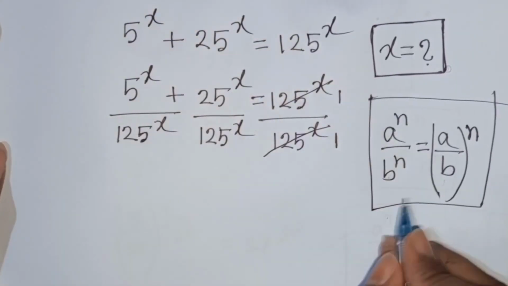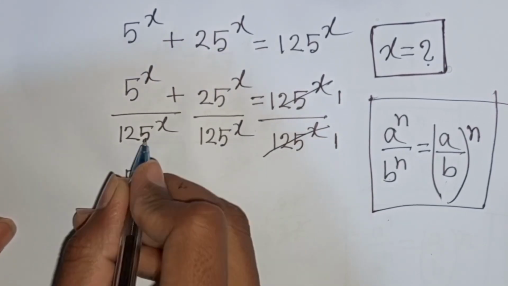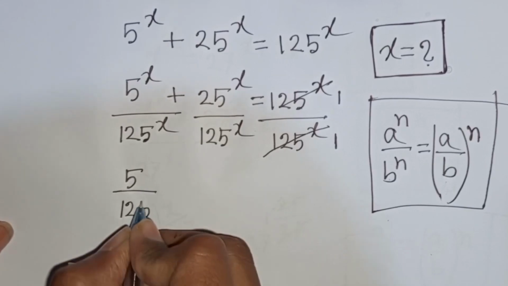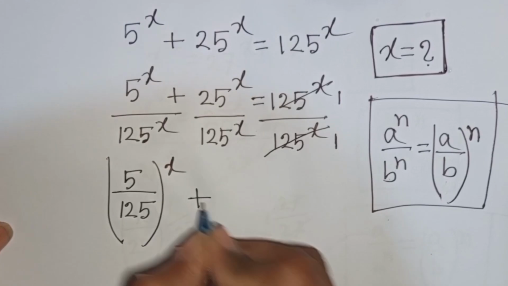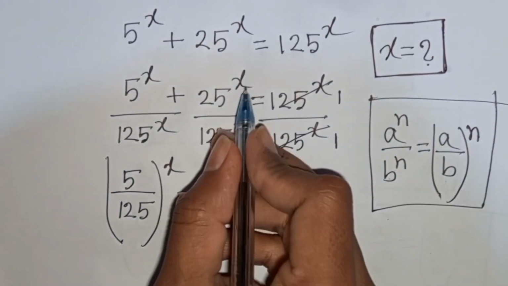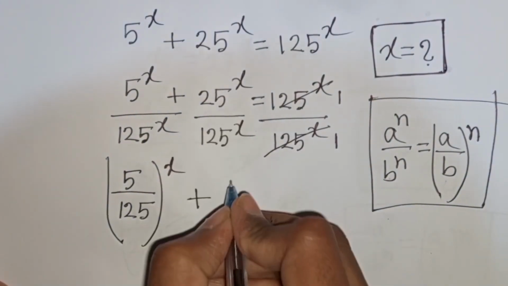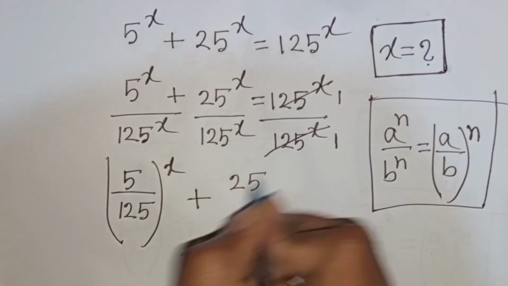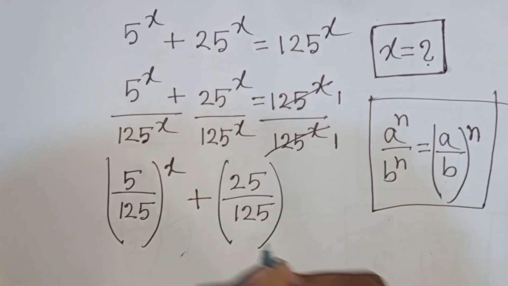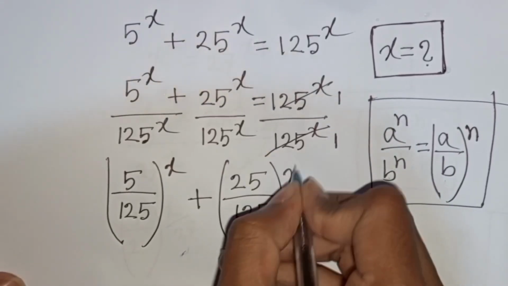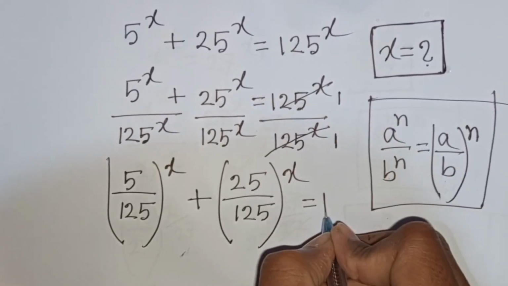According to this exponential rule, we can write 5 over 125, with common power x, plus again, x is the same power but different base, so we write 25 over 125, with common power x, is equal to 1 divided by 1, that means 1.